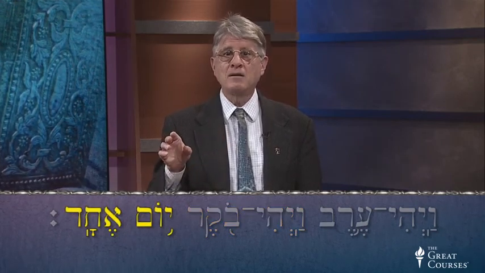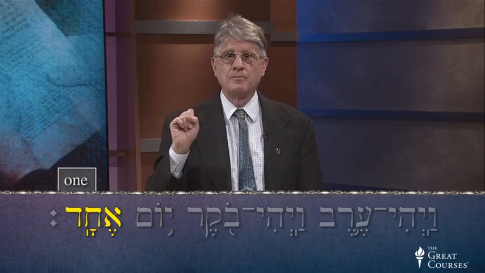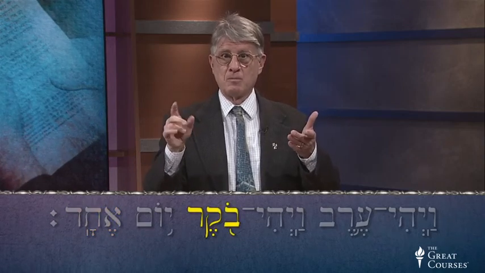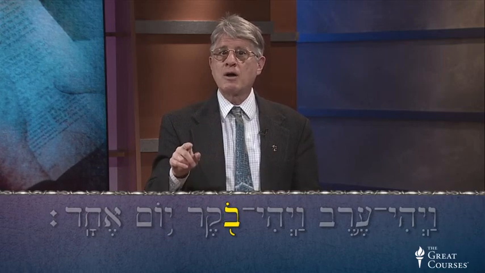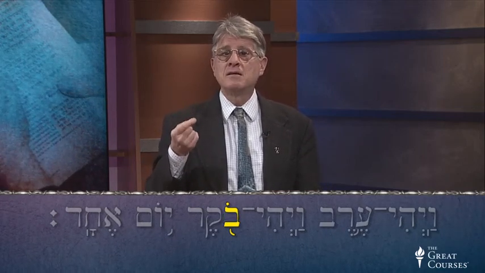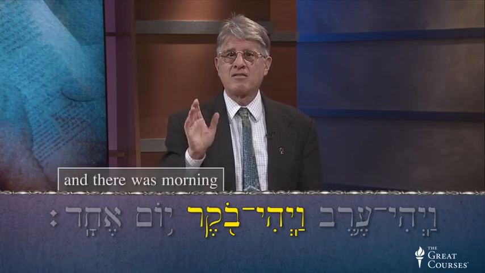Yom echad, yom is a day, echad is one. The word for morning by itself is boker, but in this verse, there's no dagesh in the bet. We'll talk about why next time, but if there's no dagesh, I say V instead of B. Vayihi voker, and there was morning.